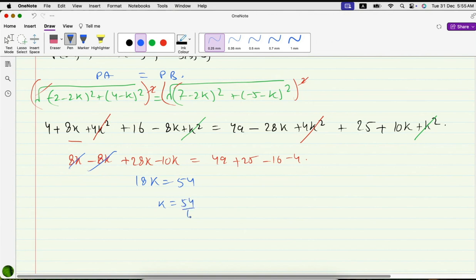K is equal to 54 by 18. K is equal to 3. That was in one go.